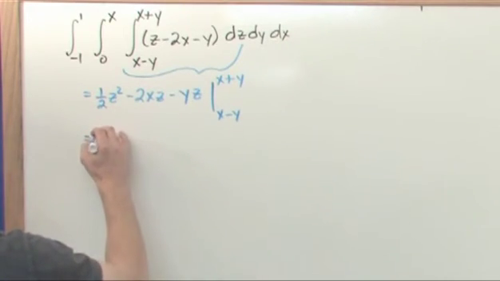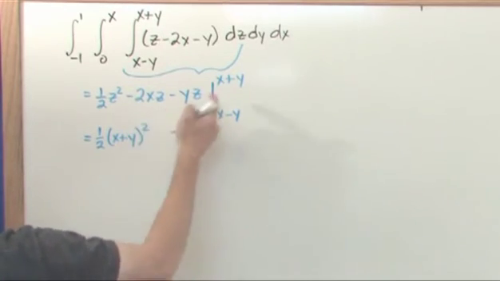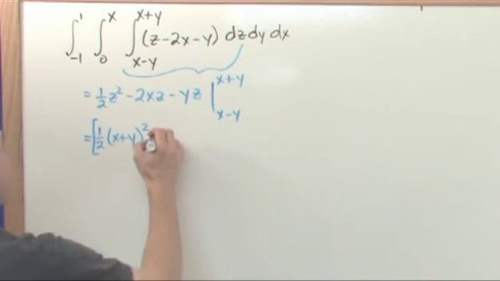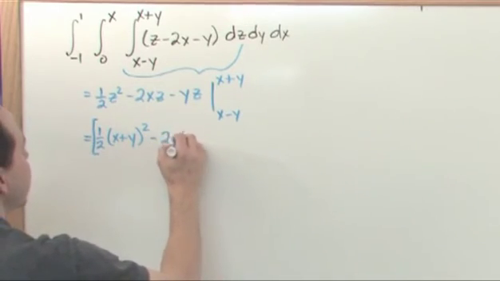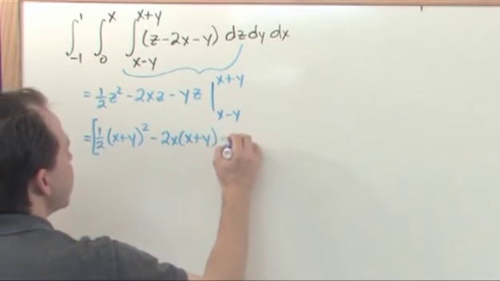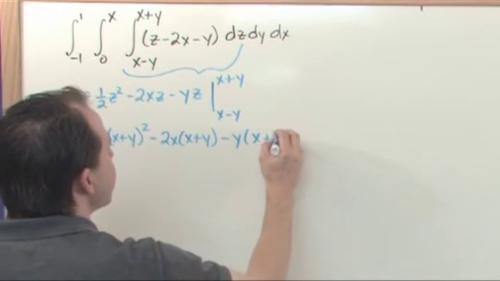So you have 1/2 (x plus y) squared. That's the top limit going into here. Let me draw a little bracket here. And you'll have minus 2 times x, times x plus y, minus y times this z, which is going to be x plus y.